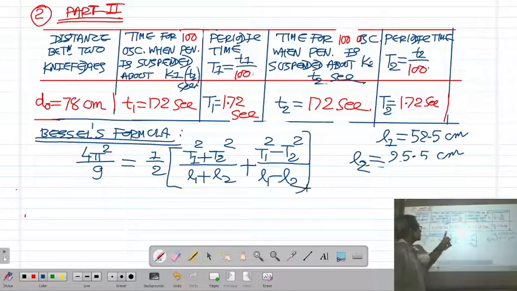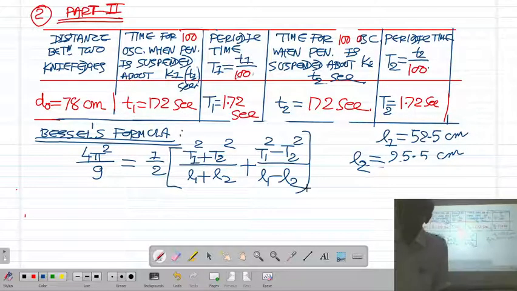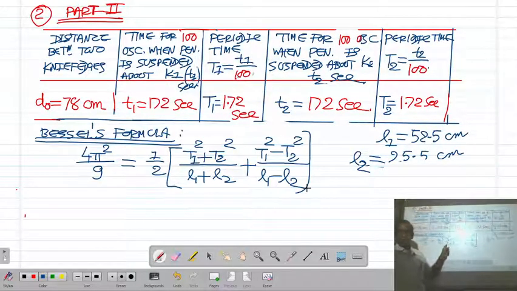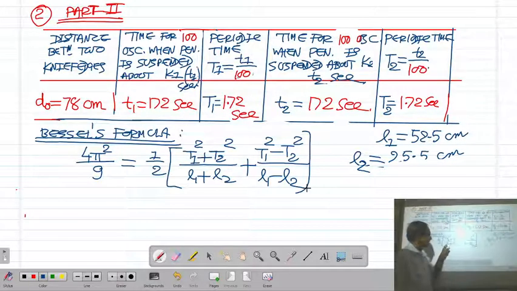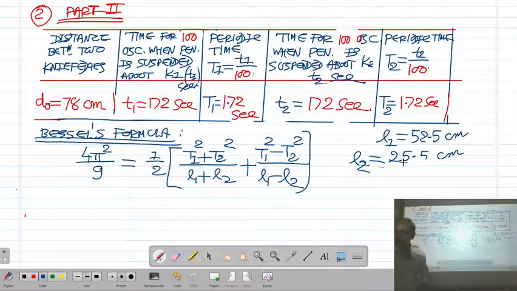So T1 is the periodic time of Kater's pendulum about knife edge K1, that is 1.72 seconds. T2 is the periodic time about knife edge K2, that is 1.72 seconds. L1 is the distance of knife edge K1 from the center of gravity, 52.5 centimeters, and L2 is the distance of knife edge K2 from the center of gravity, 25.5 centimeters.